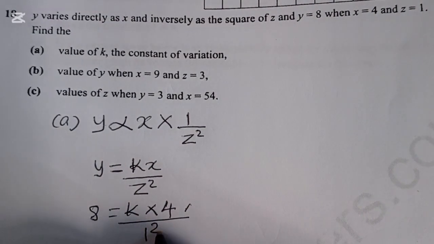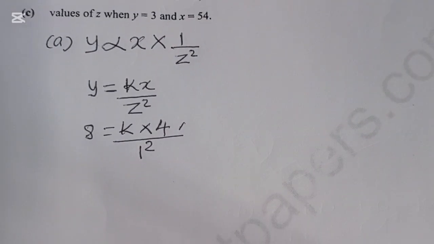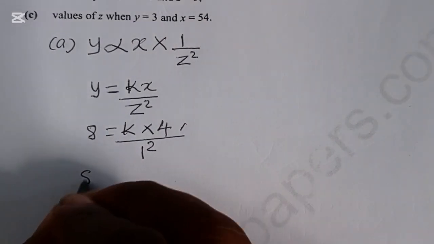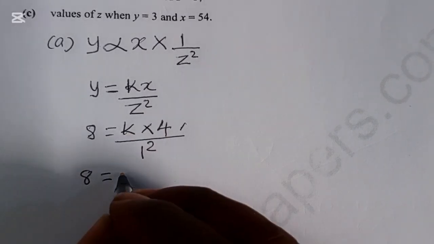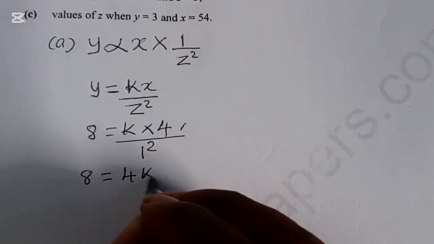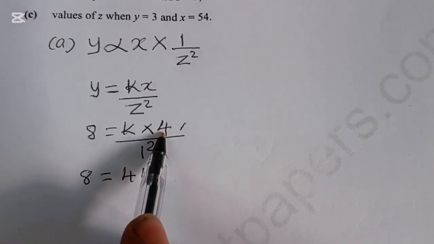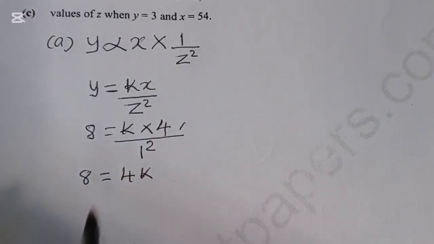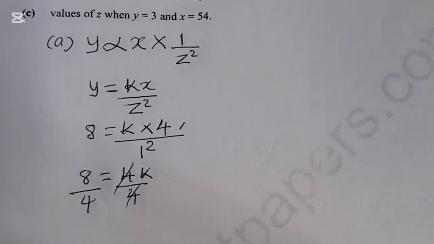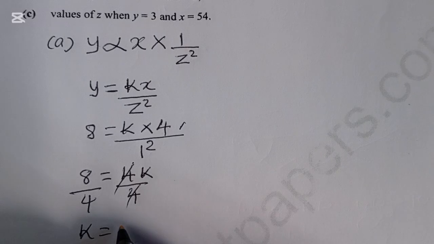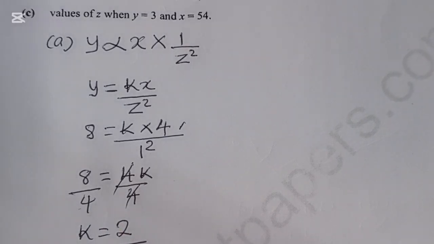So it will be 1 squared. So 8 is equal to k times 4, it is 4k over 1 squared, that is 1, 1 into 4 is 4. So over 4, 4 and 4 go. So k is equal to 2.